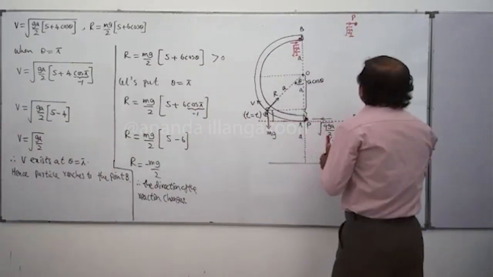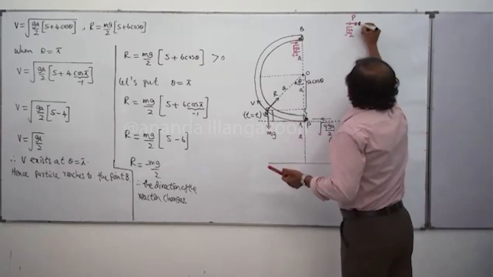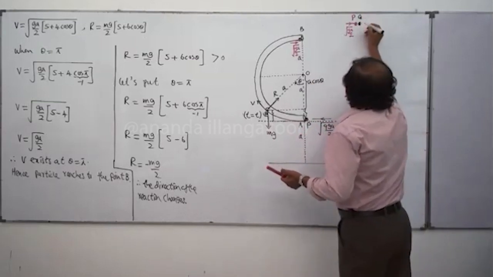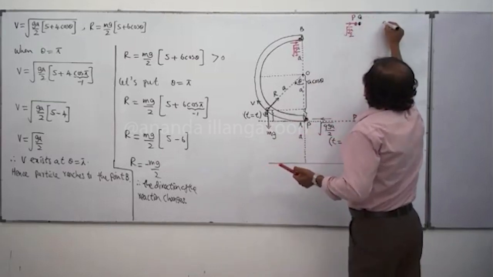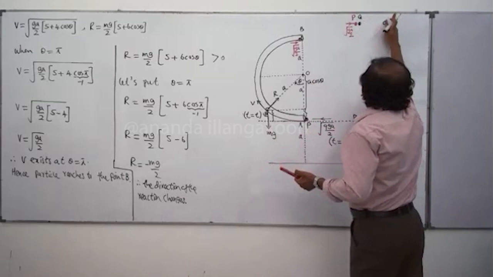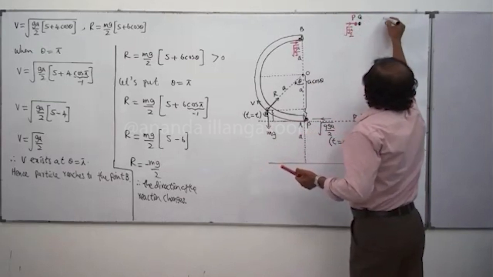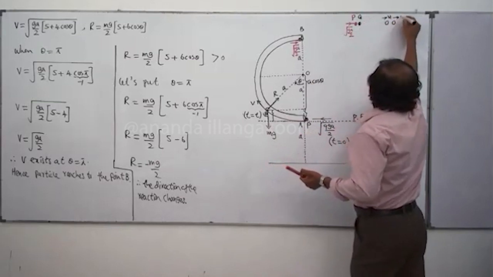Now there is another stationary particle available. It is Q, of the same mass. Then there will be a collision between these two. After the collision, we'll take the velocity with which they begin to move. Let the velocity of P be V1 and that of Q be V2.